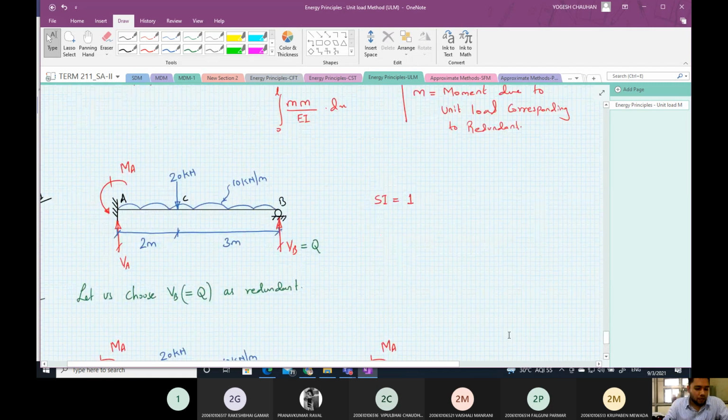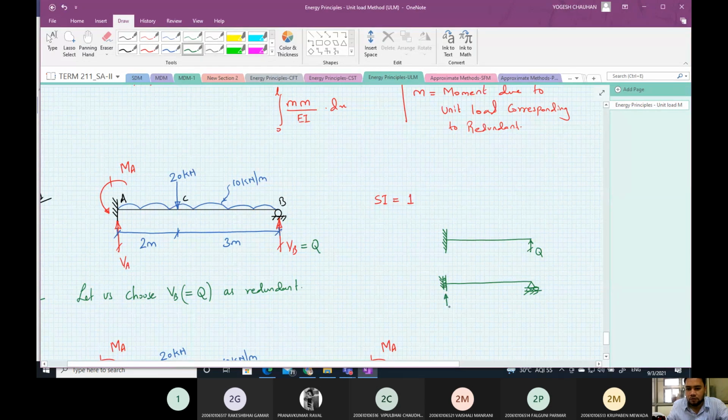Now there are various alternatives we can choose as a redundant. One way, we have selected this as redundant. Another way is you keep this as it is and choose this as redundant. So this will be your redundant force.